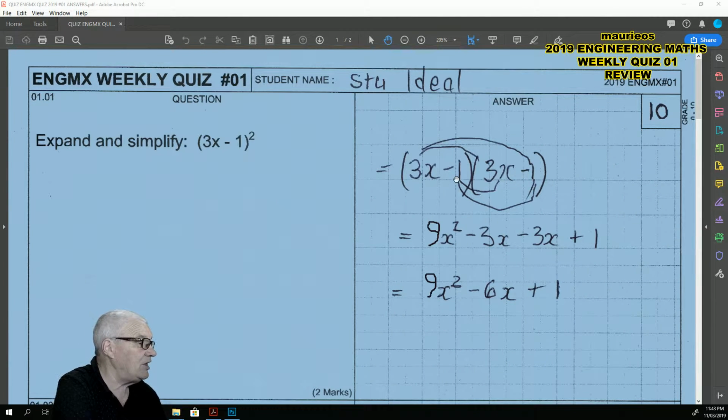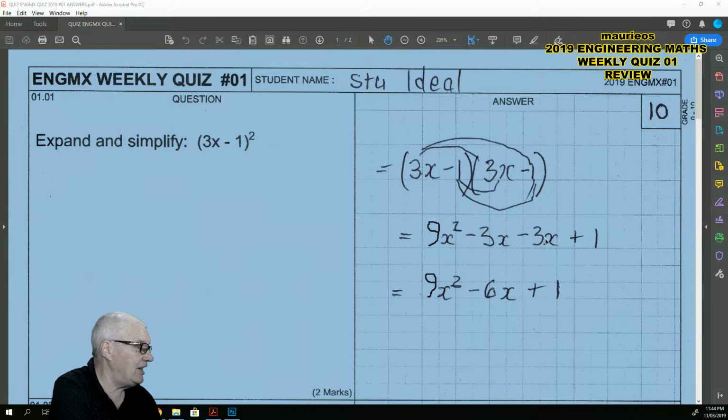So then we get negative 1 times 3x, which of course is negative 3x, and then negative 1 times negative 1 is positive 1. So you can see here how the two negatives give you a positive.